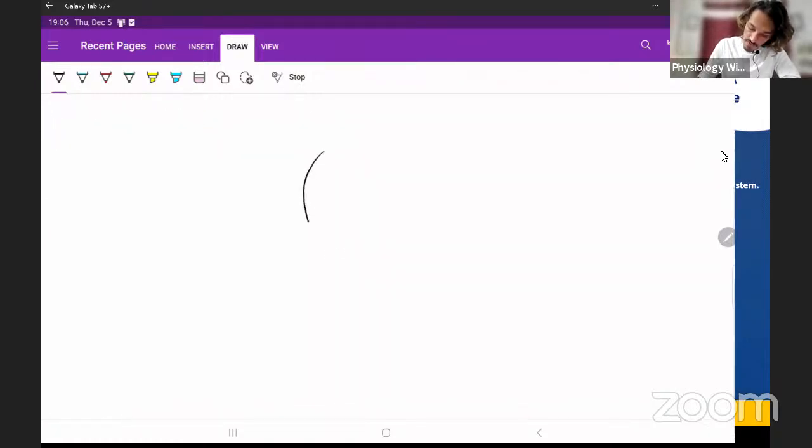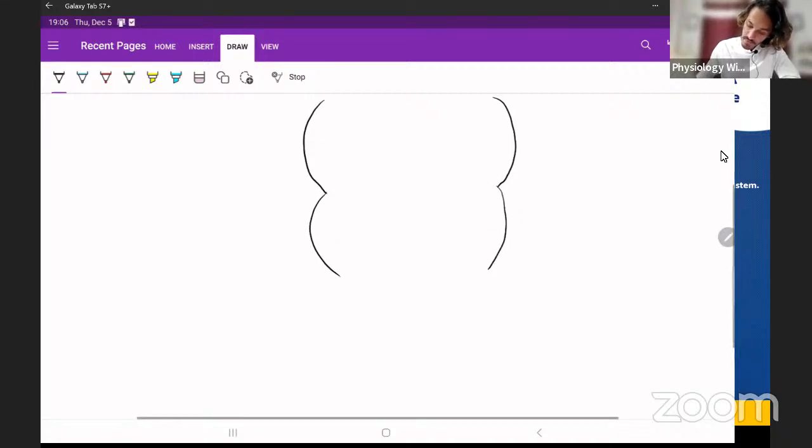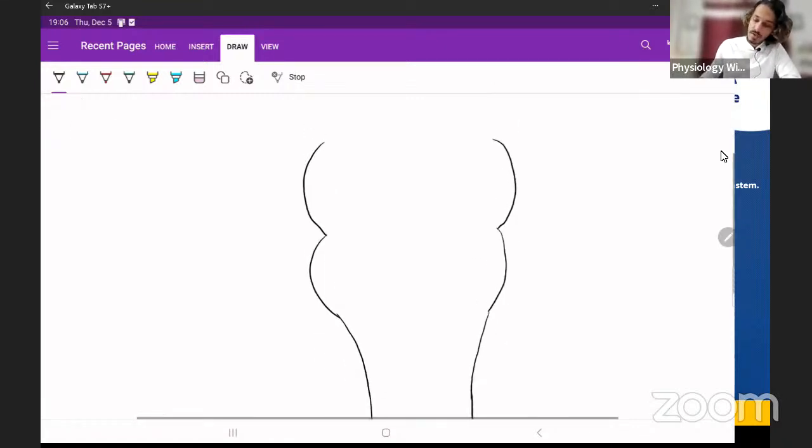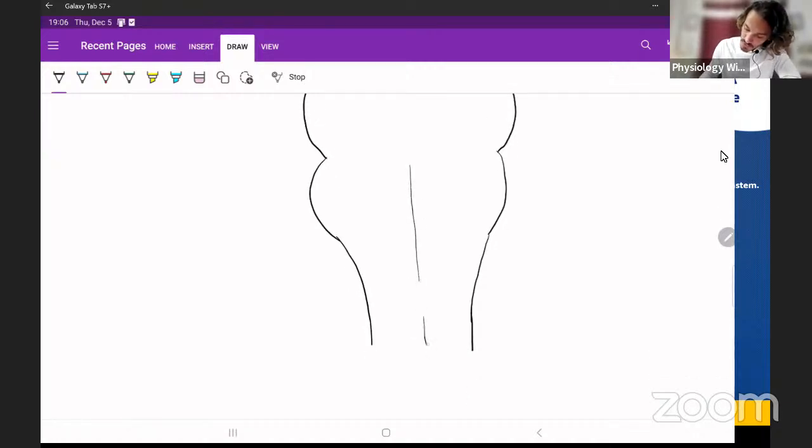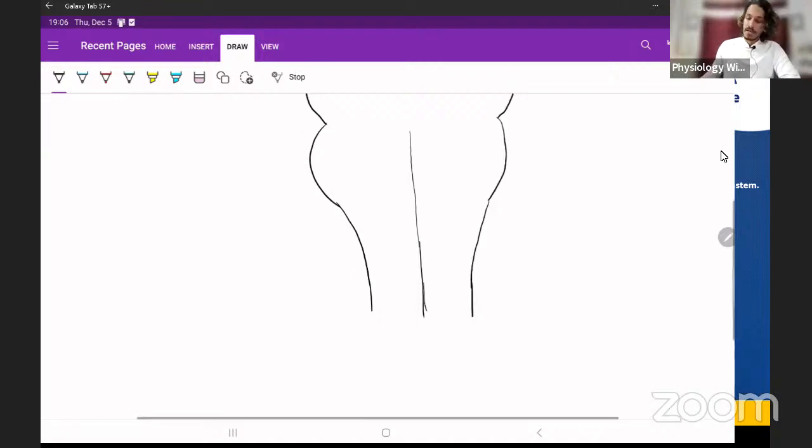We'll start off with a diagram of your brainstem, not including the midbrain over here. We have your pons and your medulla. I'm just dividing it into two for ease of understanding.